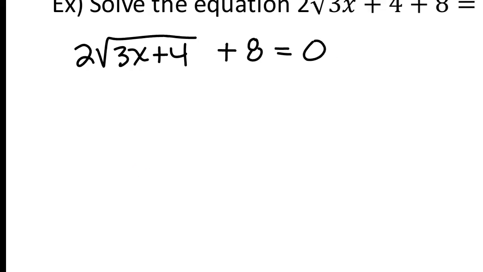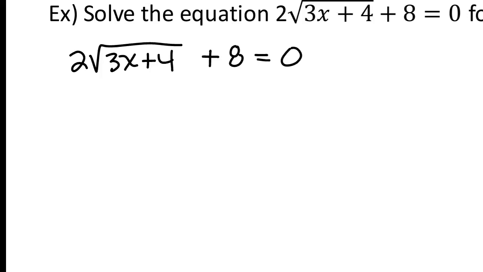All right, so remember, we're doing PEMDAS in reverse. We're doing, please excuse my dear Aunt Sally, in reverse.